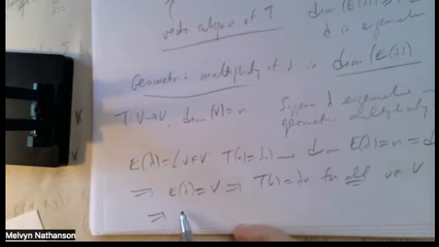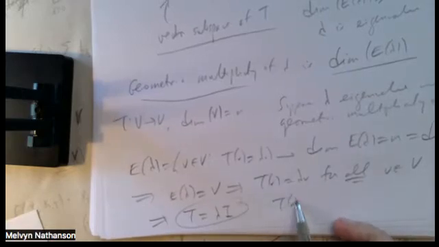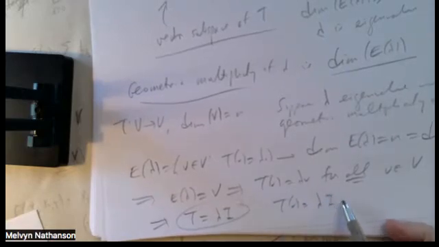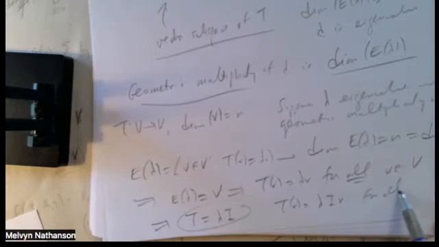Which means the operator T is exactly lambda times the identity. T of v is lambda times the identity times v for all v.